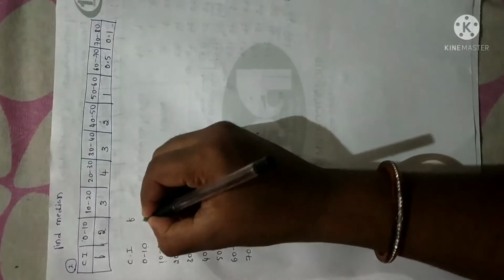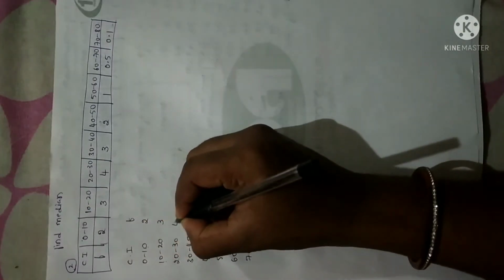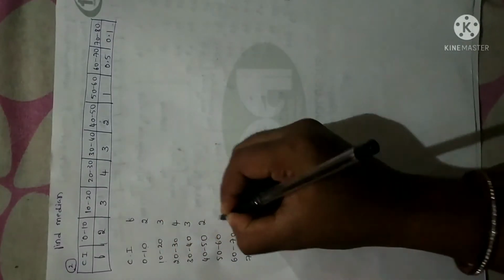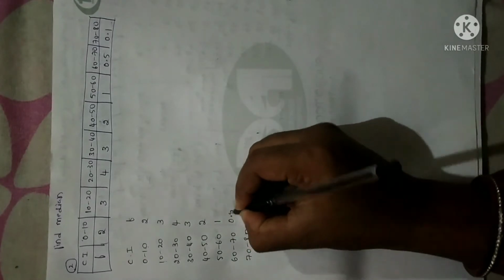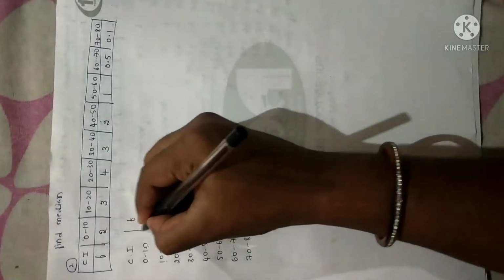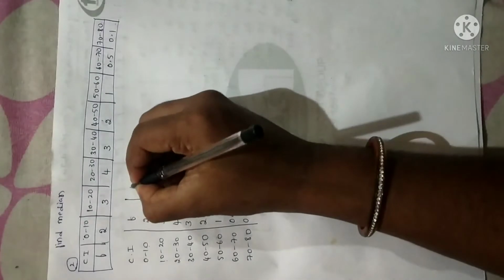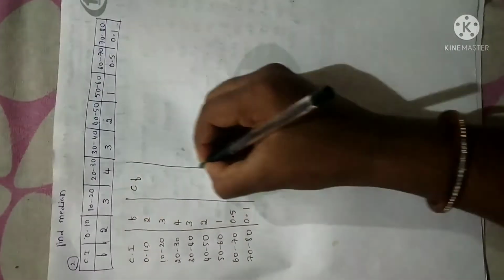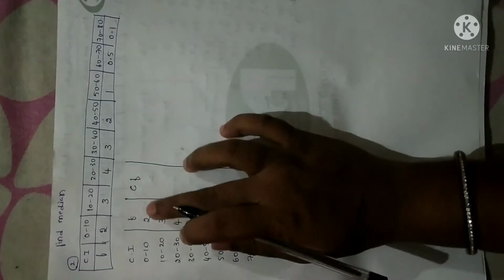Now make a list of frequencies: 2, 3, 4, 3, 2, 1, 0.5, 0.1. So the frequency values are given. Now we have to calculate the cumulative frequency. First step, write down the first value as it is. 2 I have written.